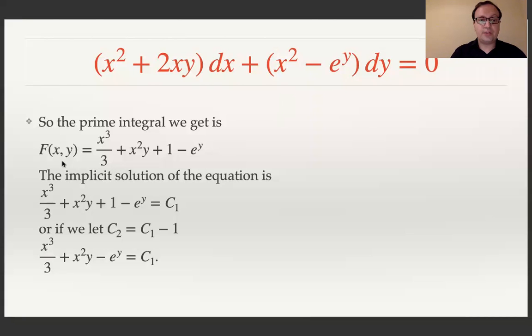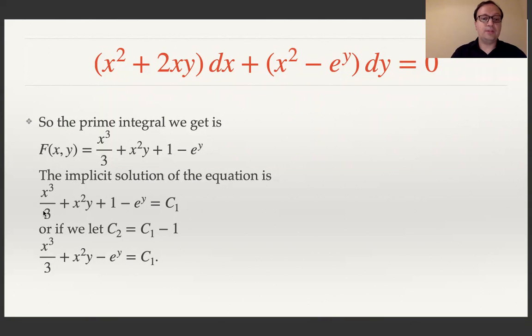So this is our prime integral: x cubed over 3 plus x squared y plus 1 minus e to the y. So if we know how to compute line integrals, then this is a straightforward way of computing prime integrals for these exact equations. And then, as promised, this is 90% of having the solution to the equation.